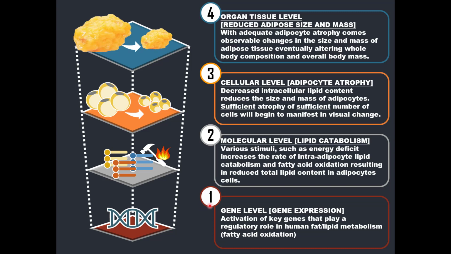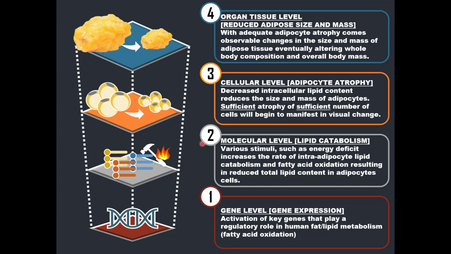So in response to an energy deficit, especially if sustained over time, key genes that play a regulatory role in fat metabolism start to change in expression. As a result, at the molecular level, an energy deficit would increase the rate of fat catabolism and oxidation to help the body meet its energy needs. Thus, the fuel inside adipose cells that make up the size and mass of that cell are broken down.